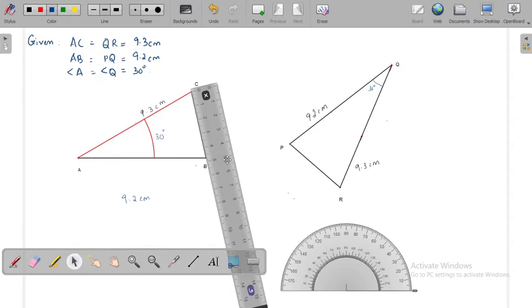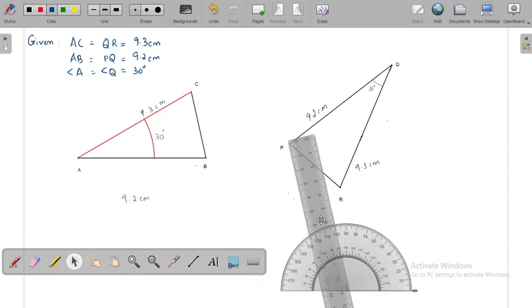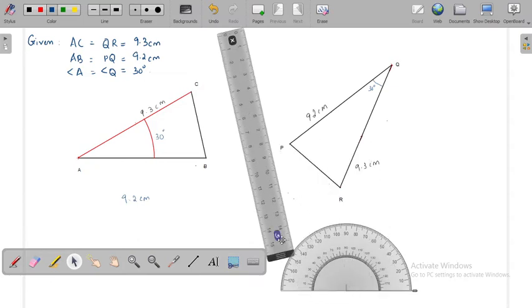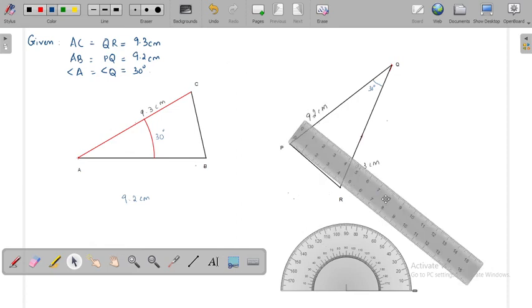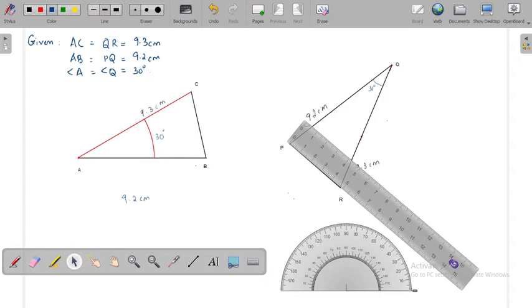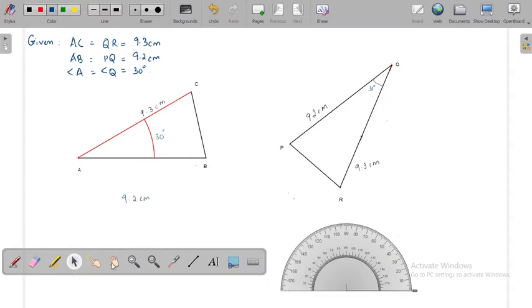Now I am going to measure this side. And this is also 4.7, right? So I'll write it is 4.7. So the sides are equal right now.